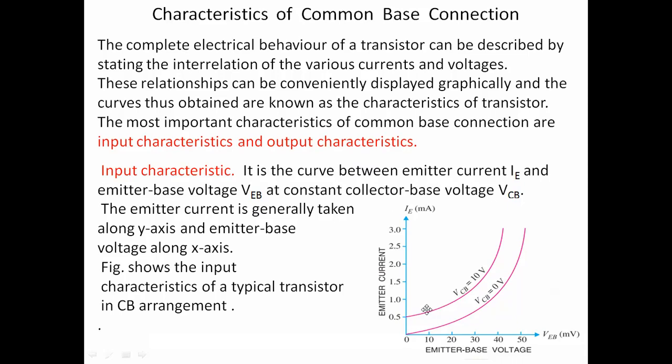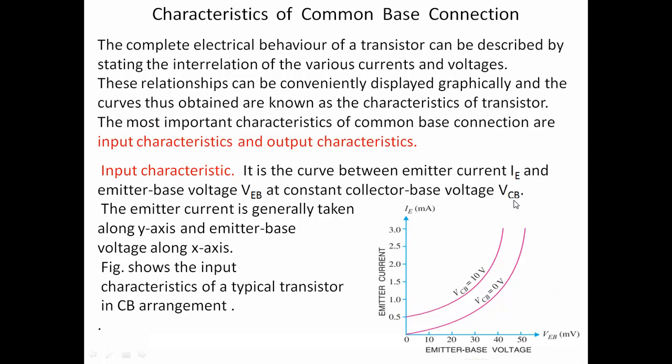Okay, so we can obtain the emitter current. Current is taken on the y-axis and the voltage between base and emitter, VEB, is taken on the x-axis, and this is when the collector to base voltage is constant.